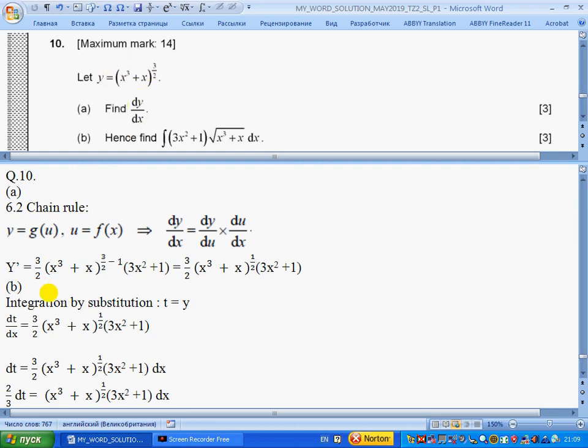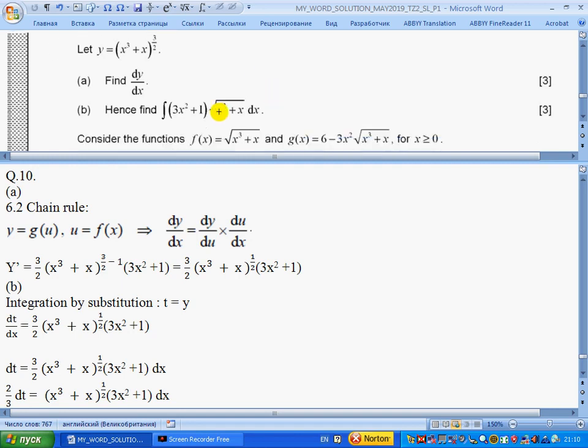So the derivative is the exponent times the bracket to the power of the exponent minus 1, and then the derivative of what is in the bracket, which is 3x squared plus 1. So this is the answer. This answer will be used in the next step.